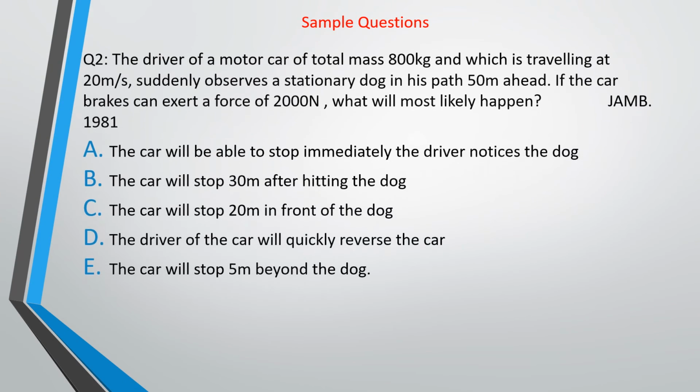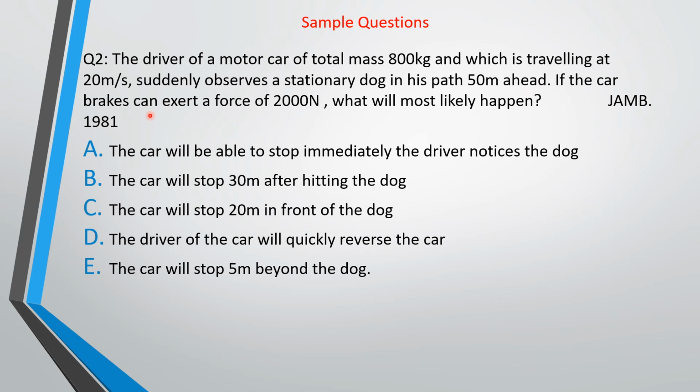This is another sample problem that I want us to consider. In this problem there are options. It's a JAMB question actually. The driver of a motor car of total mass 800 kg, traveling at 20 meters per second, suddenly observes a stationary dog in its path 50 meters ahead.